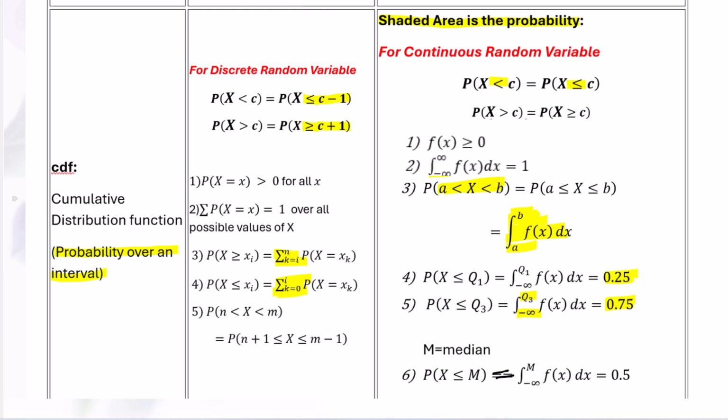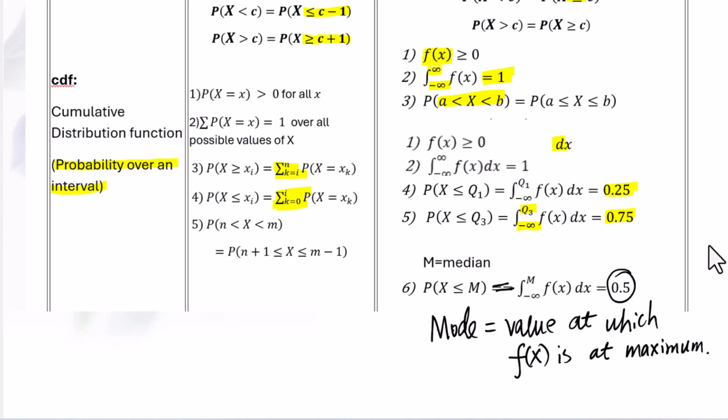For the median, the integral from negative infinity to the median of f of x dx equals 0.5. The mode equals the value at which f of x is at maximum.